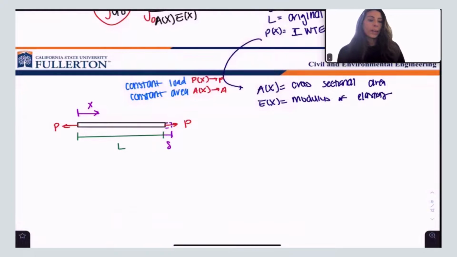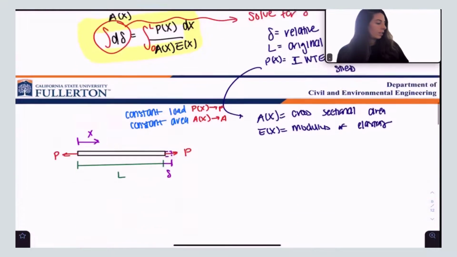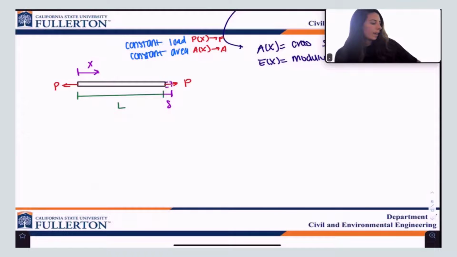So I'm going to rewrite this equation here for our new case. And I get delta equals PL over AE. This should be a familiar formula, or I hope, right?